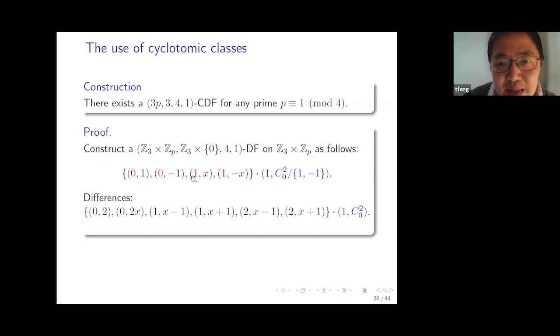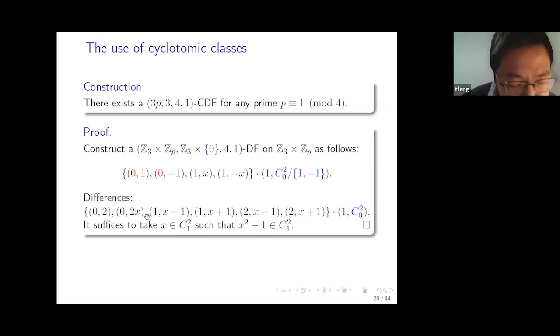And note that here p is 1 more than a multiple of 4, so minus 1 is a square. So the minus 1 can be absorbed by the quotient group to form C0. Anyway, one can check all the differences are listed here.